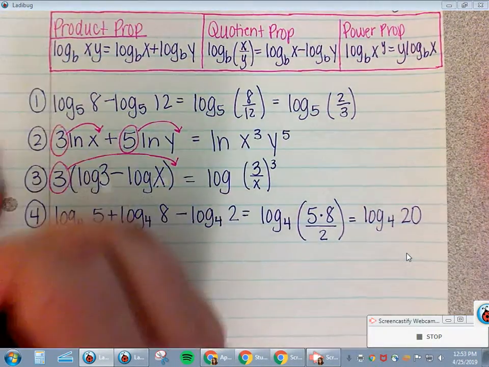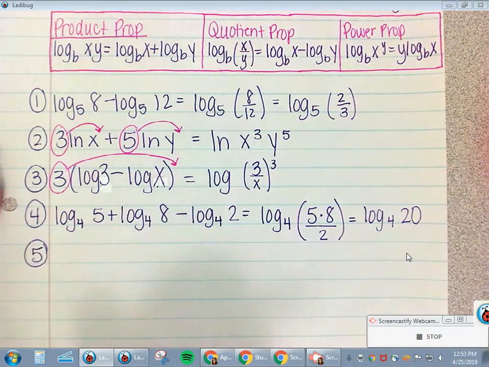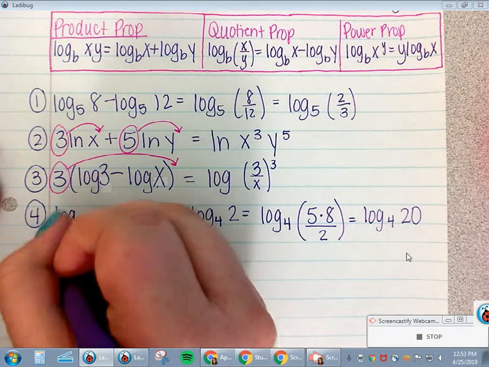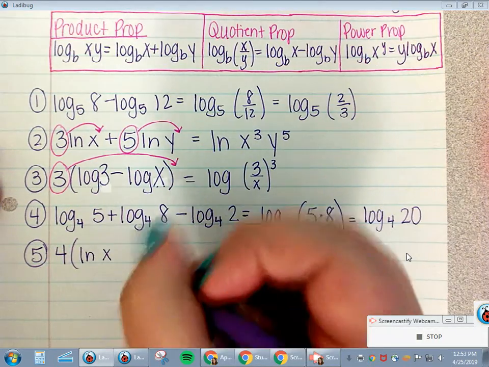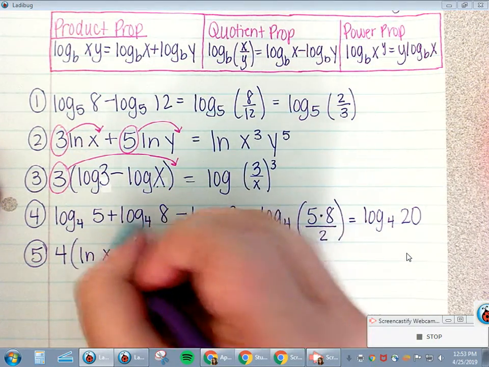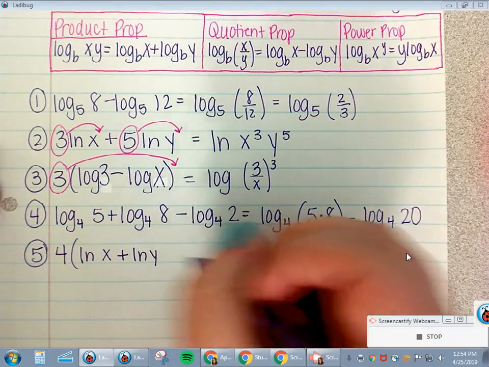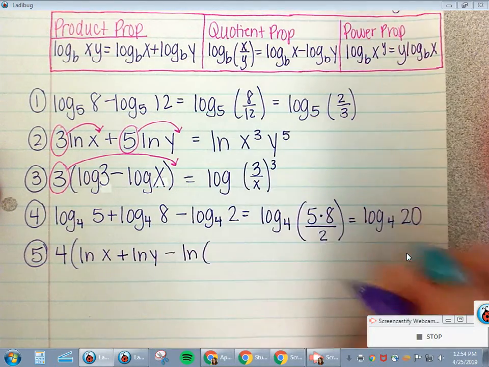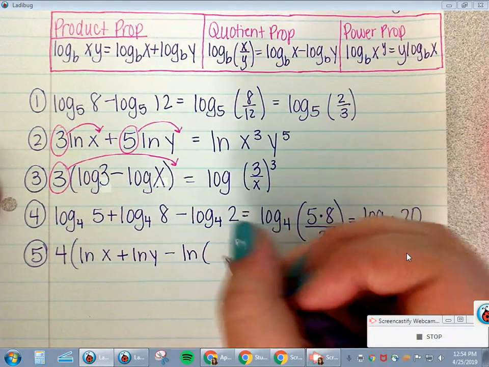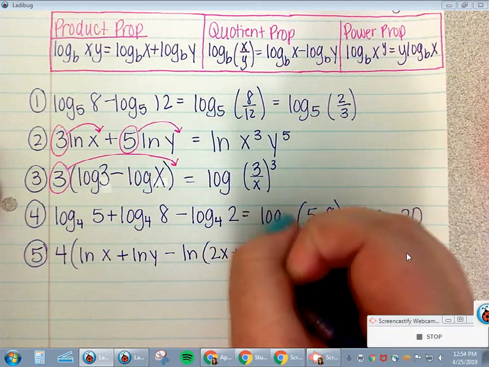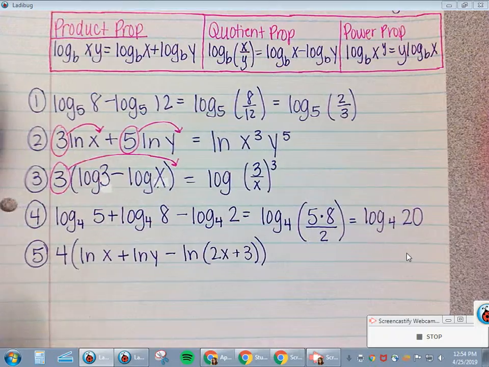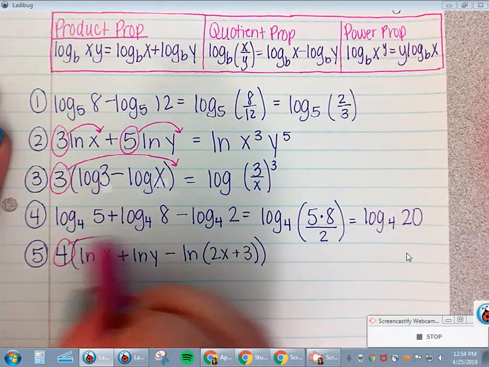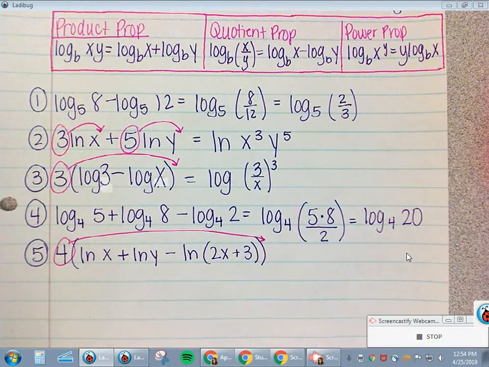Let's do another one. Let's do 4 times the quantity, natural log x plus natural log y minus natural log of the quantity 2x plus 3. So first we've got this 4 way outside, and it's going to come here.